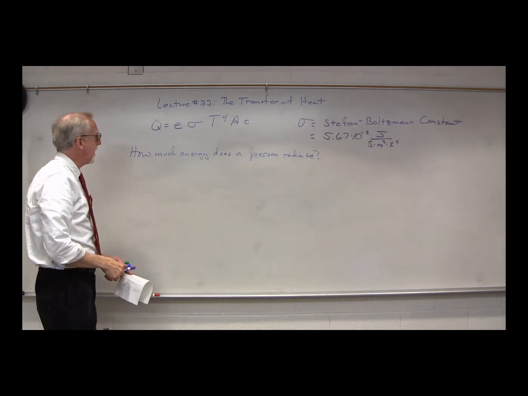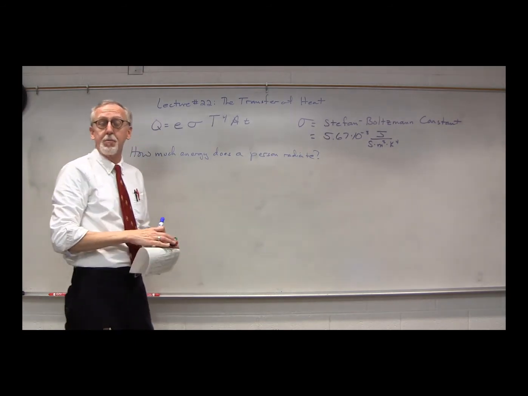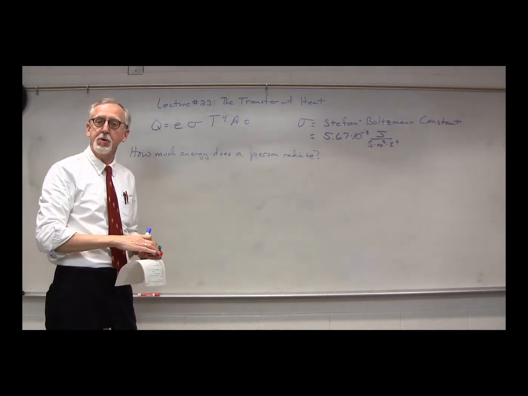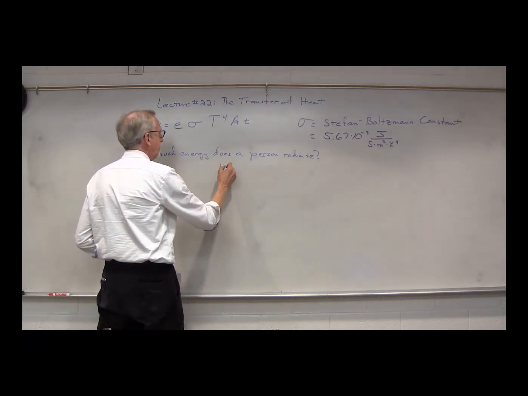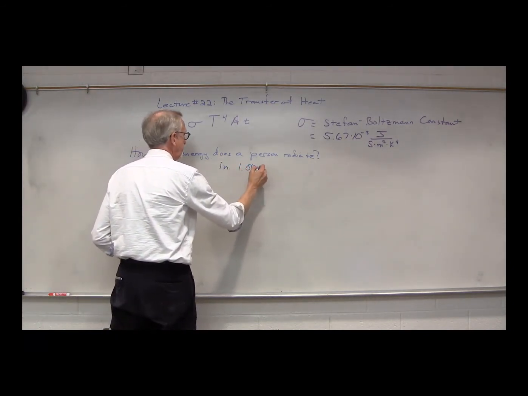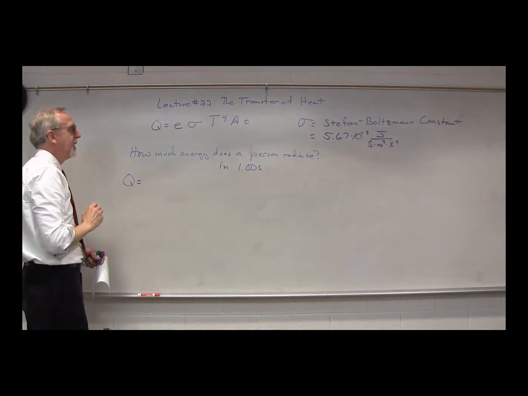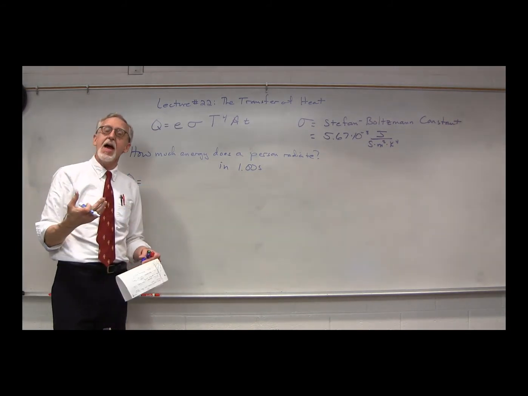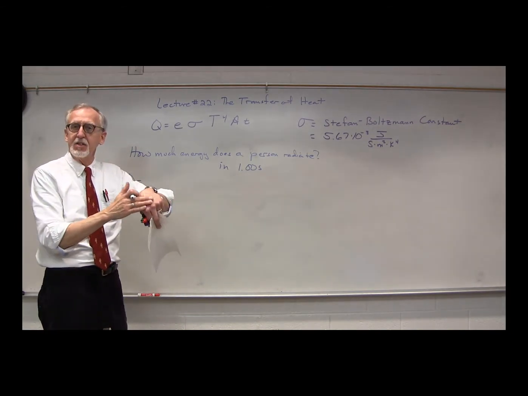So let's figure out how much energy a person radiates. So a person has a temperature. How much does a person radiate, let's say in 1 second? Well, what we have is Q equal to E, the emissivity. Now, actually, people have different emissivities depending on their skin tone.